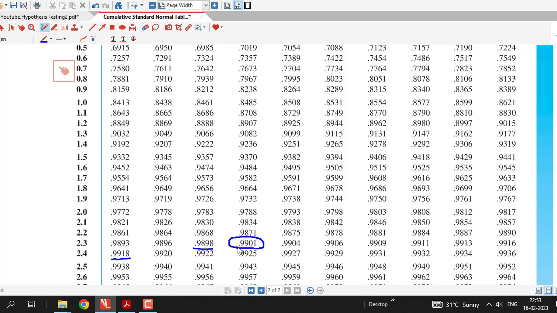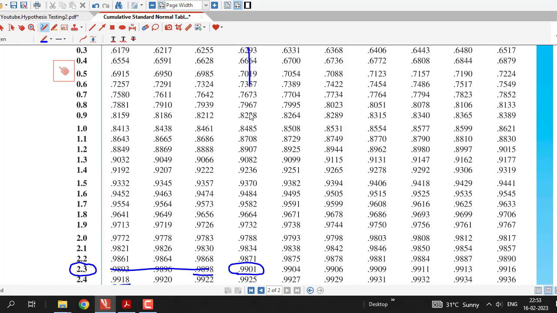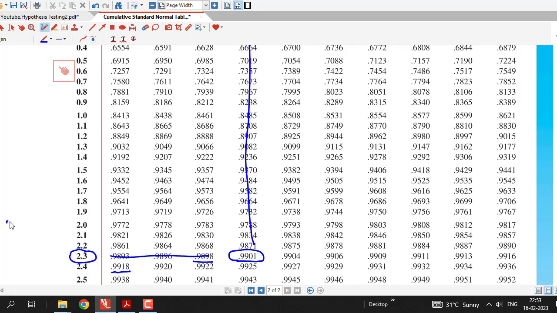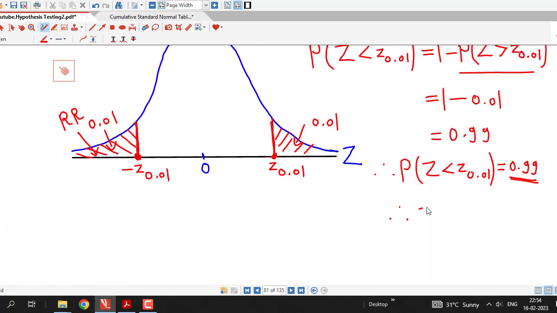So if we round off this value up to 2 decimal places, then we get 0.99, and it corresponds to this row, where the Z value is 2.3, and the value corresponding to this column is 0.03. So 2.3 plus 0.03 is 2.33. So the critical value z suffix 0.01 is 2.33.